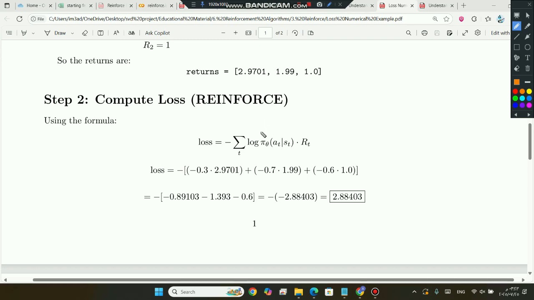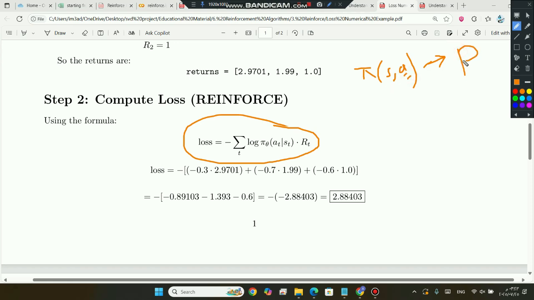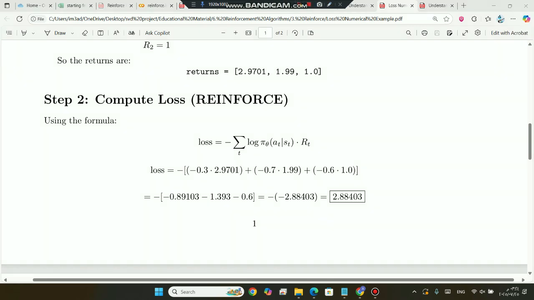Again, what are we doing over here? We want to set up a loss function that will generate high probability for the actions that generate high reward. If the action at a certain state generates a high reward, we want this model to generate a high probability for it. So here's what we can do.